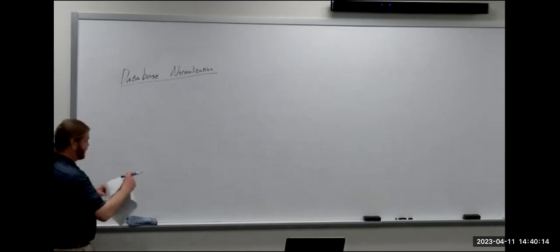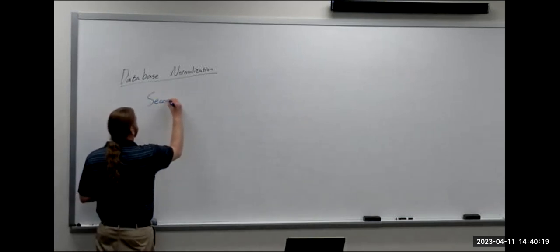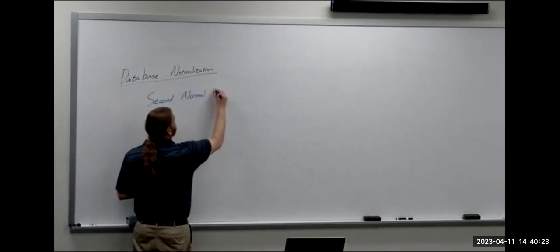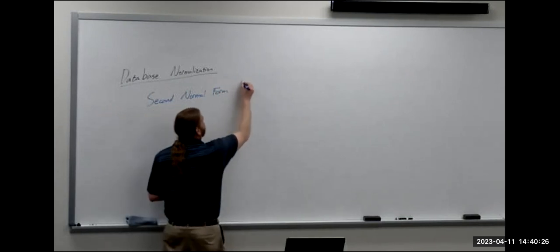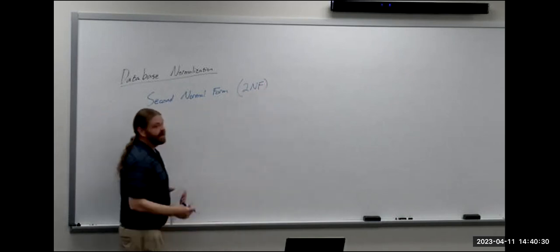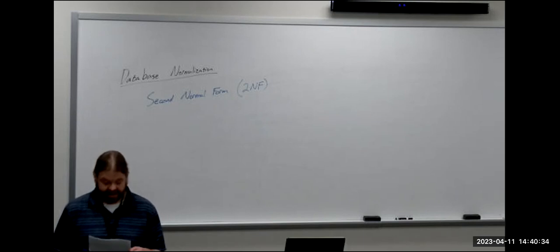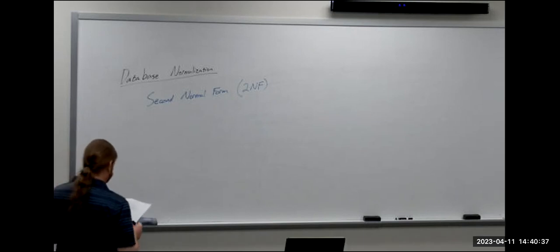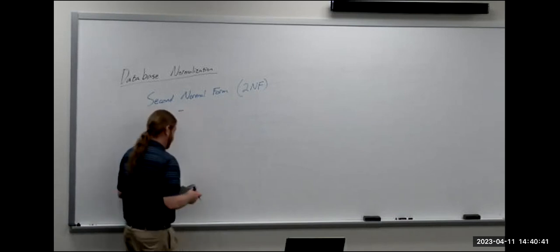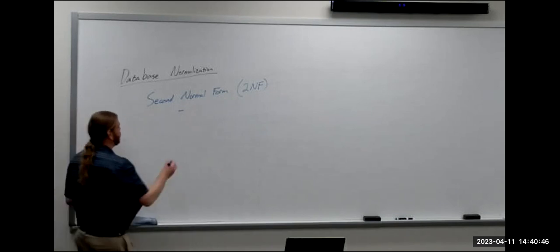The next one is second normal form. And from the first acronym, you probably already guessed how we abbreviate that. So 2NF for second normal form. Actually, our first rule here isn't much of a rule.